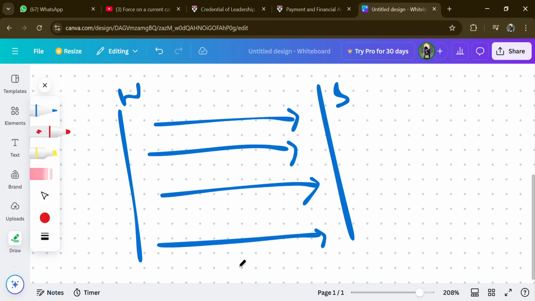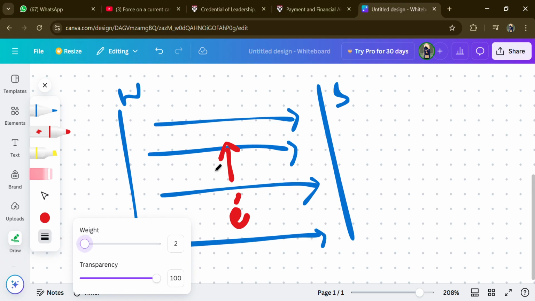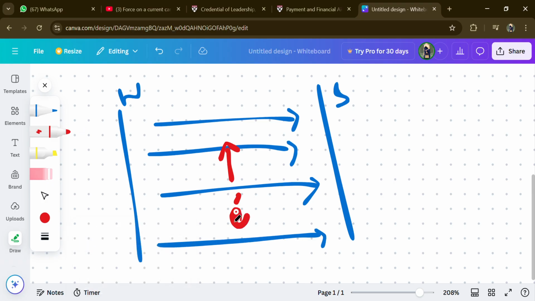Now what if I say that an electron is moving in this direction? This is basically a charge that is moving in the upward direction. Now what is the direction of the velocity?